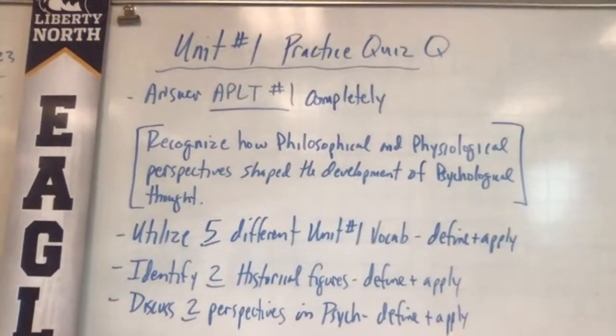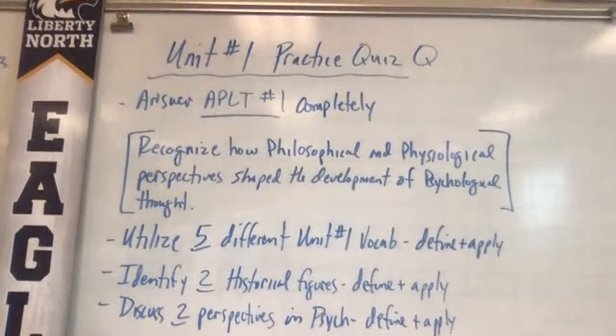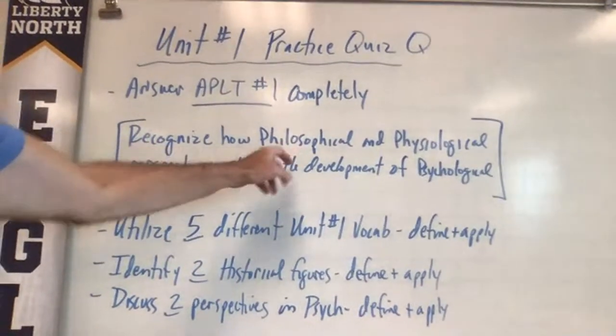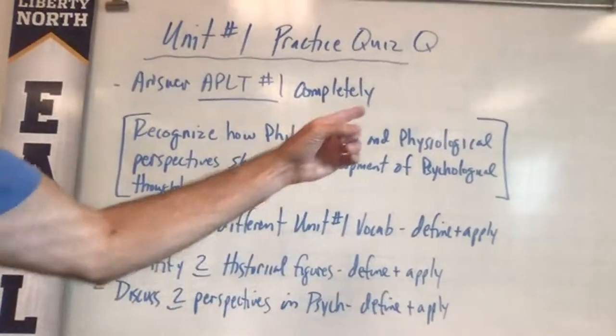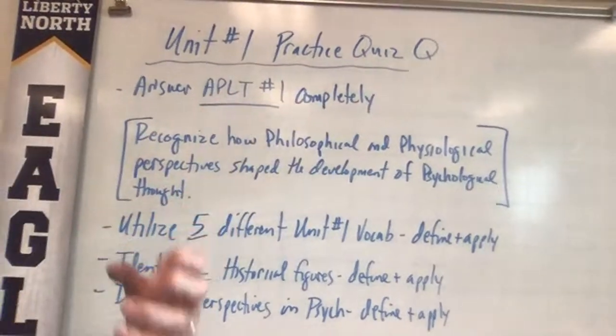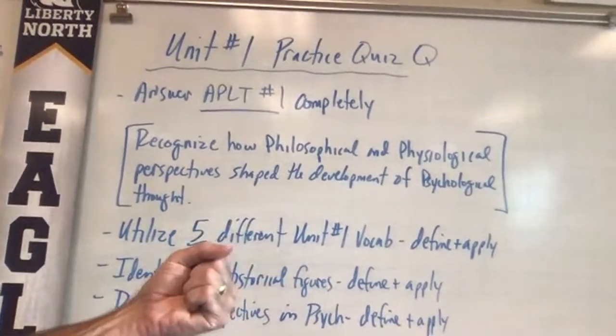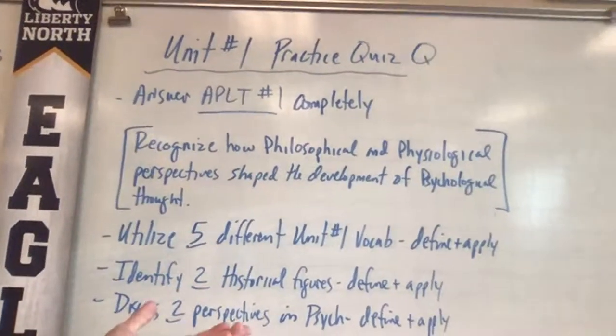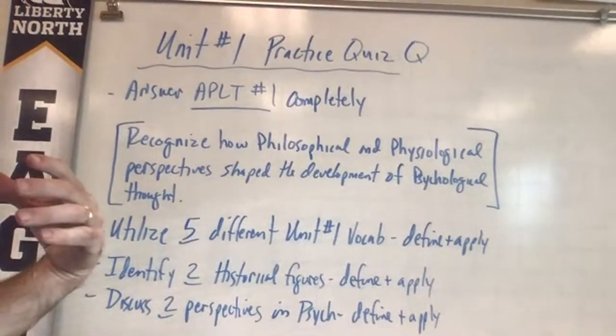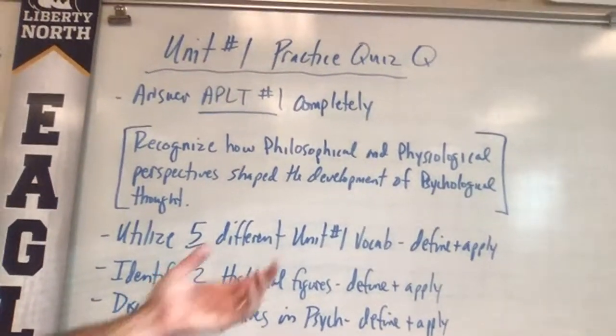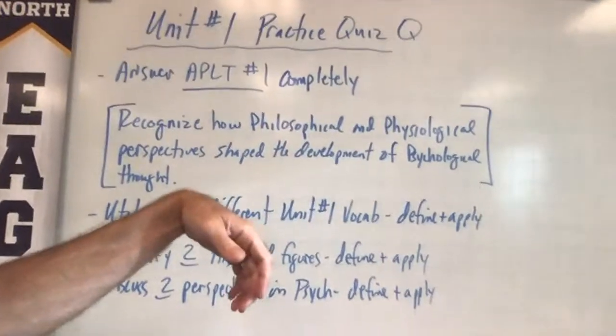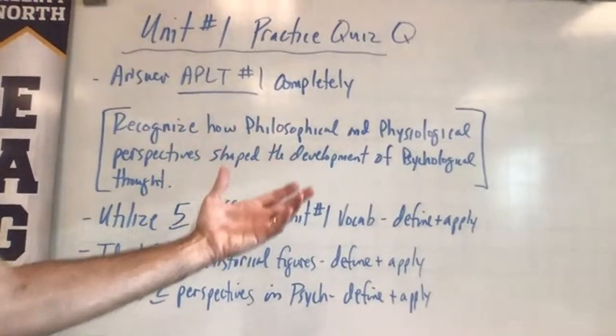Okay, then you need to talk about how philosophy is the study of the mind. Physiology is the study of the body. Okay. And those basically combined to create psychology, which is the scientific study of human behavior and thought, the brain. Okay.